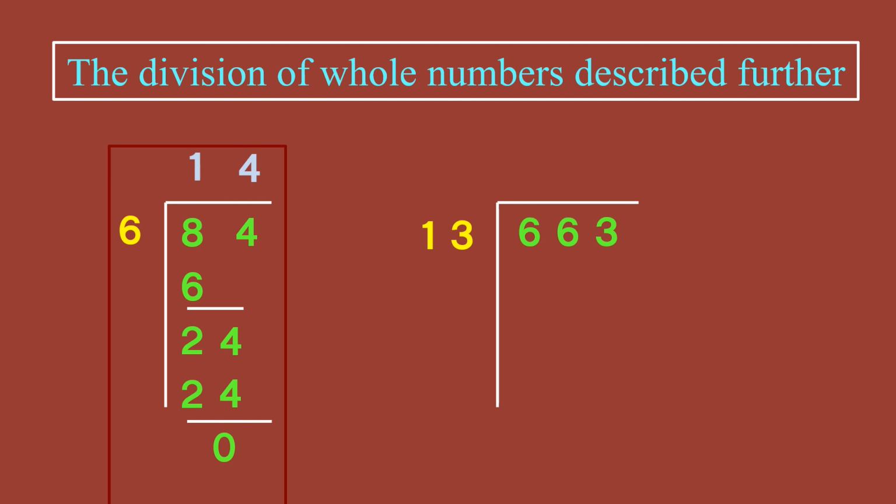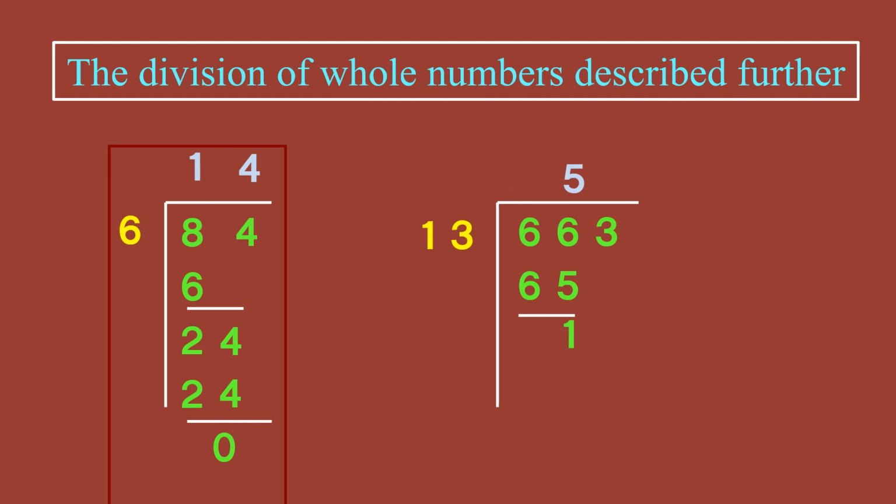How many 13s are there in 66? We have got 5 thirteens there. Therefore, 5 multiplied by 13 is 65. The difference is 1.